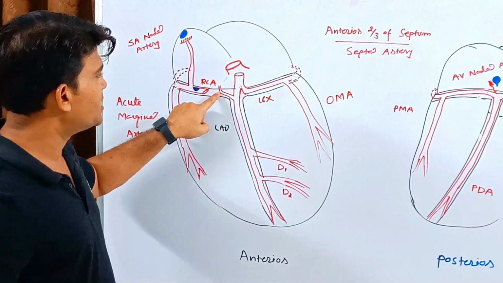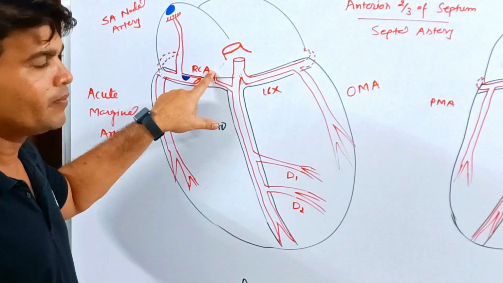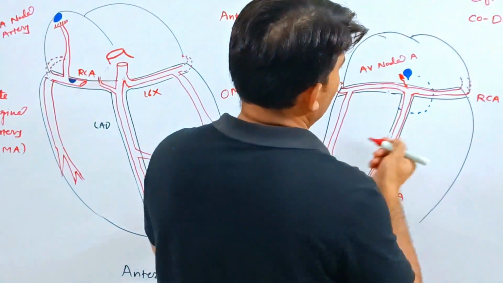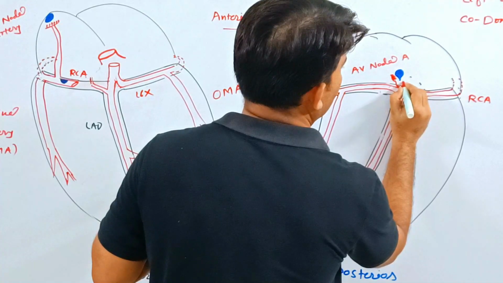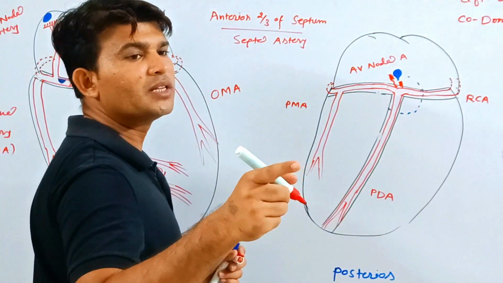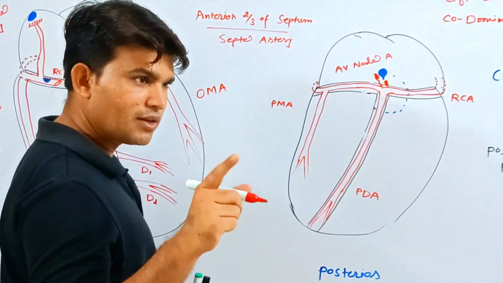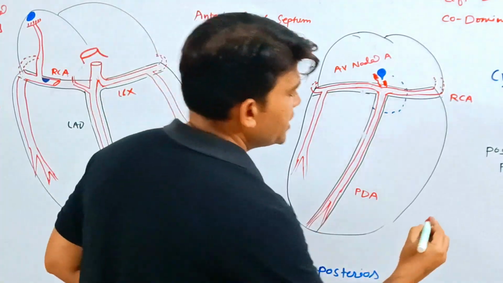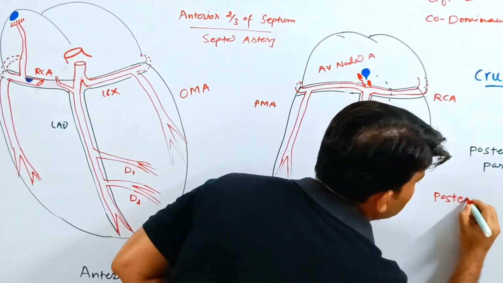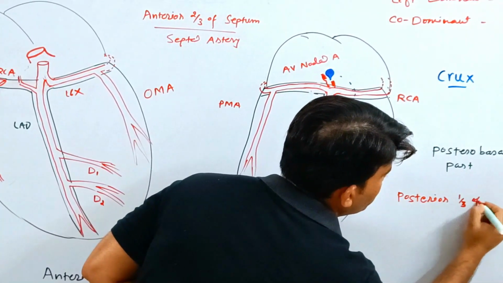The septal artery basically supplies the anterior two-thirds of the septum, and from here a branch goes and supplies the posterior one-third of the septum.